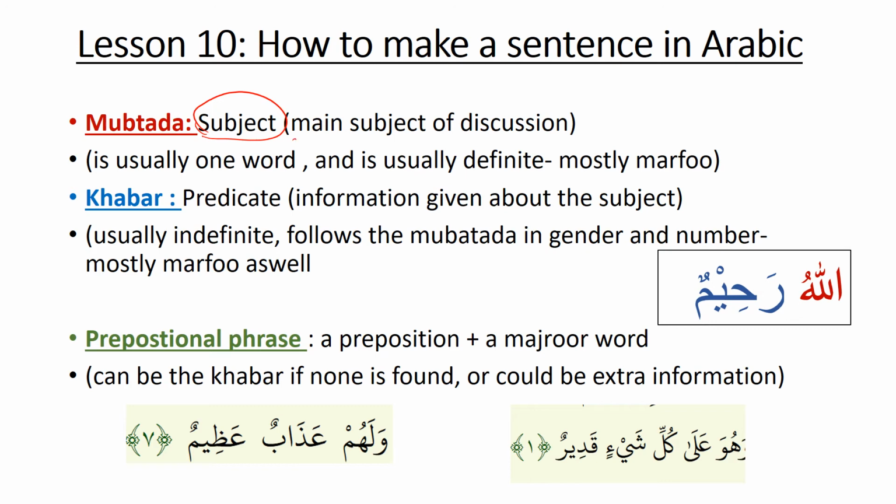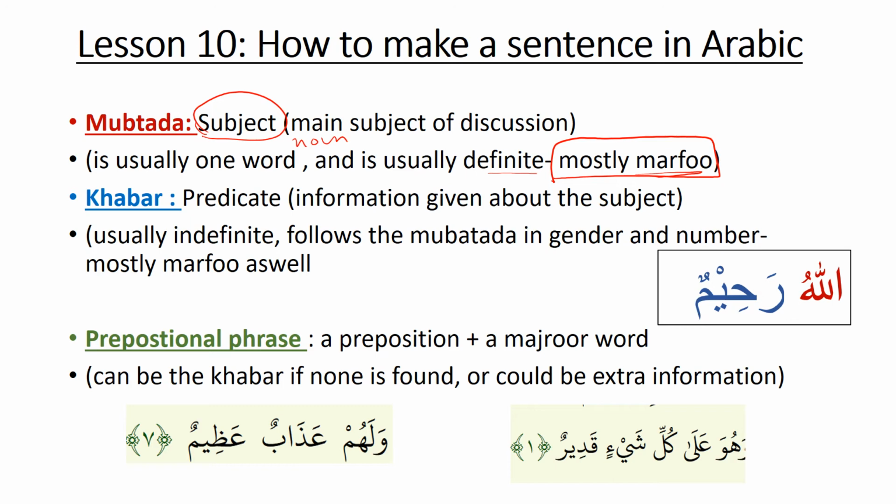It is usually definite, but sometimes it can be indefinite, depending on the sentence. And it's always going to be marfu. So if you want to find the mubtada in a sentence, you find a word that is marfu, and it's a noun. And it's going to be definite, usually.